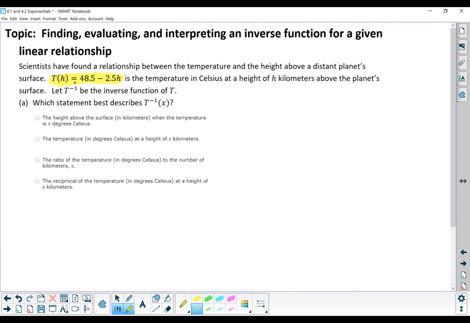The temperature equals 48.5 minus 2.5H. So this equation allows us to calculate the temperature at a certain height. So I'm going to write that down. Our T function calculates temperature at a given height.